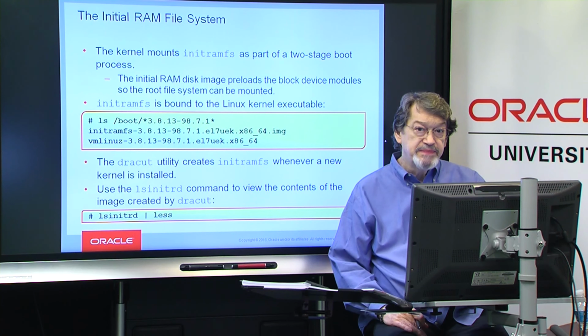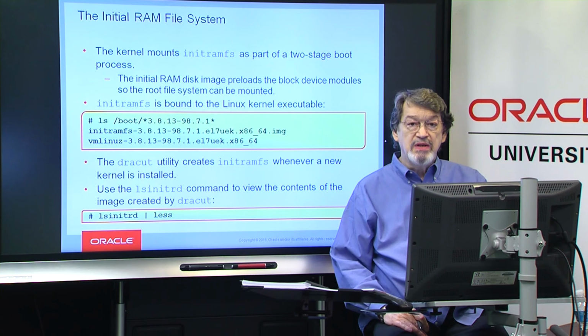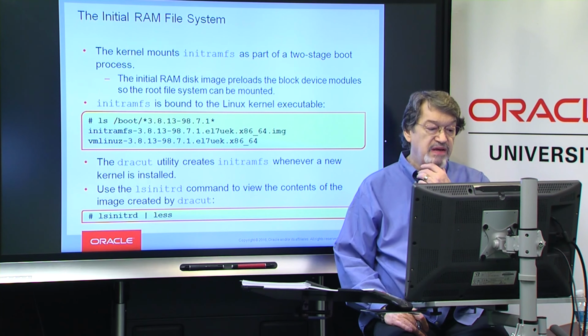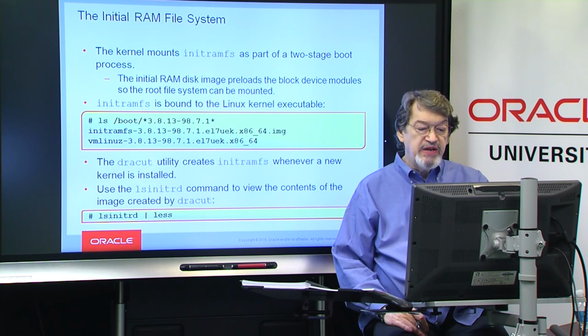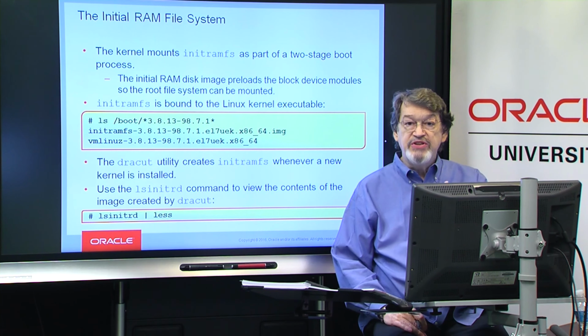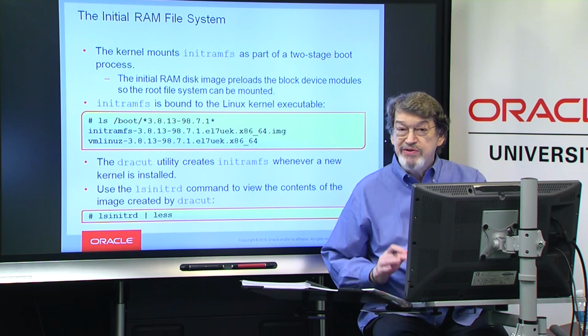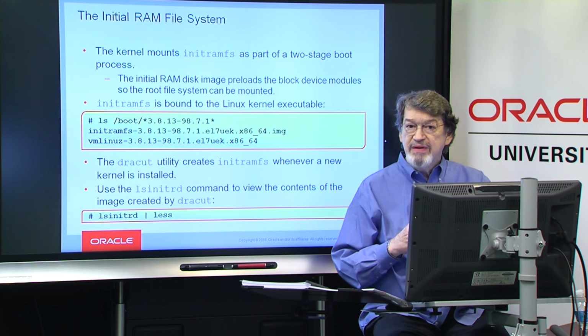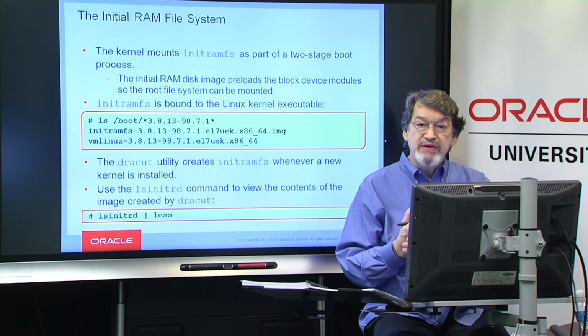A change. In Oracle Linux 6, Red Hat Linux 6, there was an init RAM disk that was available with each new kernel, because each new kernel was different, bigger, and required a larger init RAM disk.